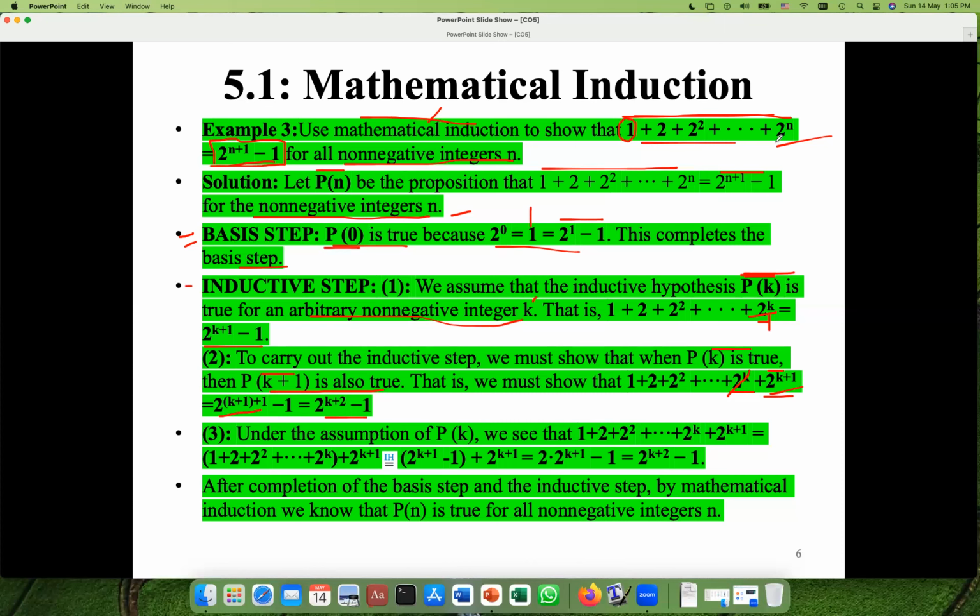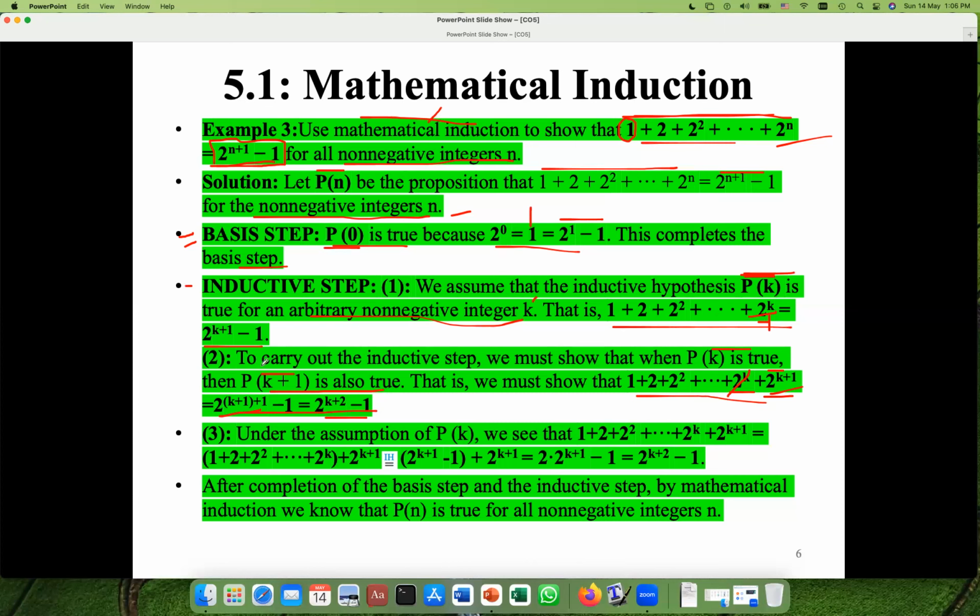But what I am doing here, I am just putting that k plus 1 here in that equation. Or I am adding. These are the two approaches. Either putting or adding, whatever you have. So now this is what we have to prove, okay? This was our assumption with the pk.